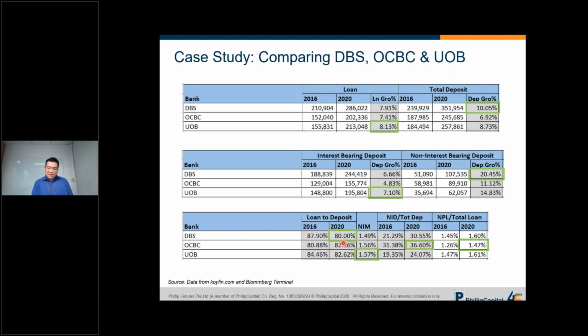So then, okay, the next thing we want to look at is loan to deposit. Loan to deposit basically is also starting on the riskier part of the banks, because if you have a loan that is higher than the deposit, then you'll become more than 100%.